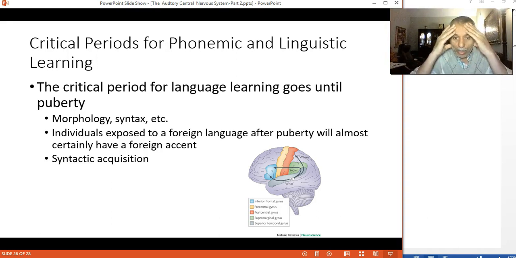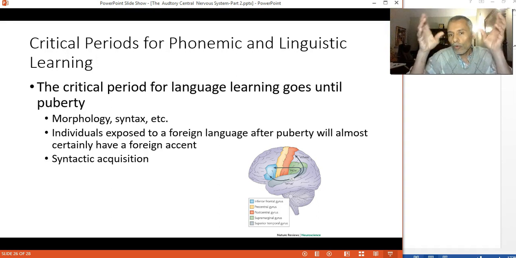So his idea was that a child would be born and his or her brain would be preloaded with these universal language forms.